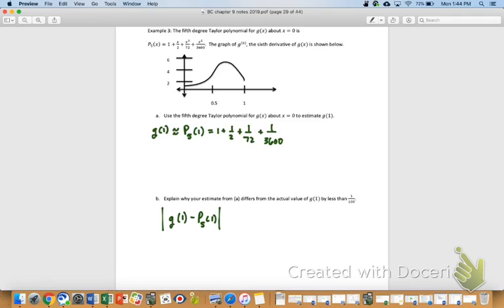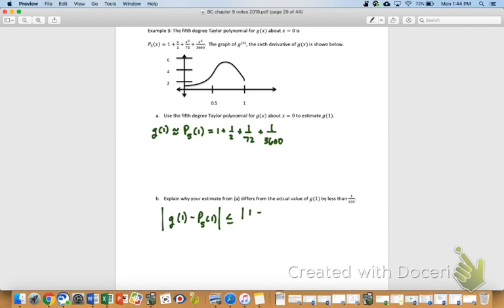That's my error. And my error has to be less than, and I have to use the Lagrange error bound. Why? It's not alternating. If it was an alternating series, I'd just figure out what that fifth term is, the first neglected term, and that's going to be my error bound. But it's not alternating, so I cannot do that. So it's going to be x minus c.